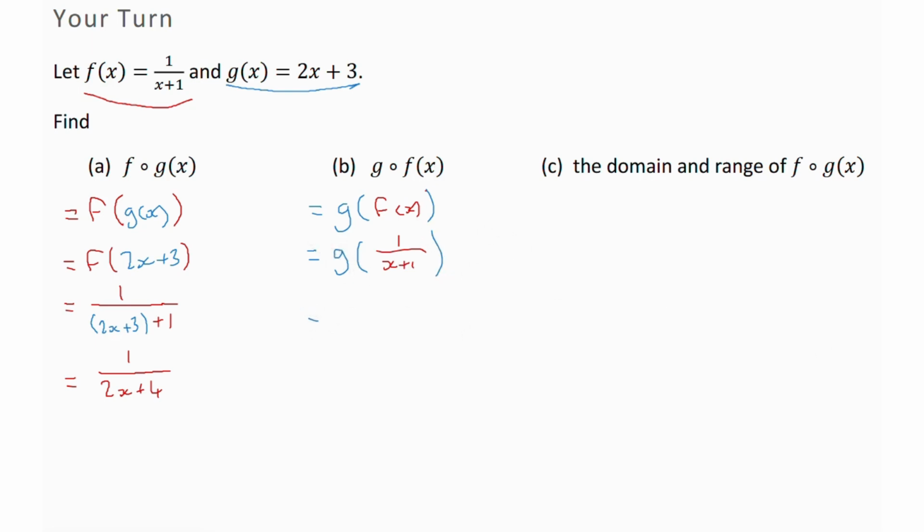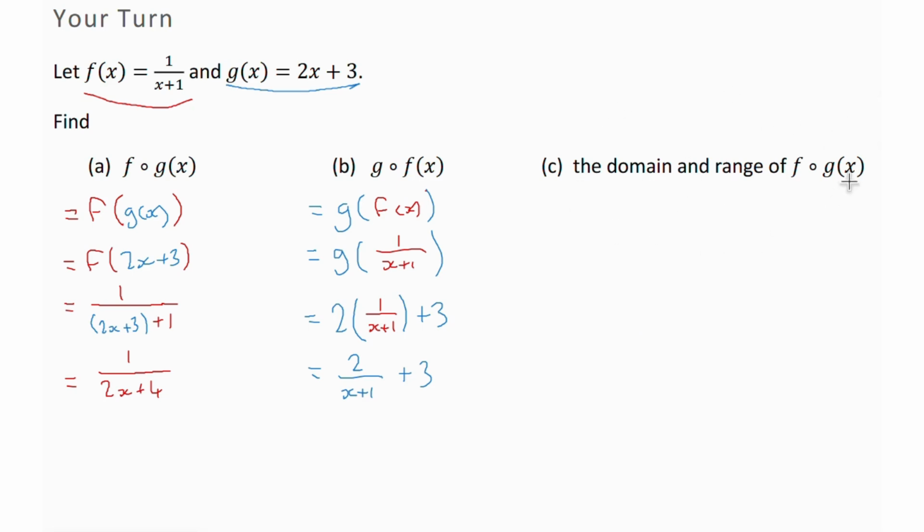That is equal to, g of x is 2x plus 3, so it's 2 lots of 1 over x plus 1, and then plus 3, which is just 2 over x plus 1 plus 3. We could simplify that, but we don't need to.